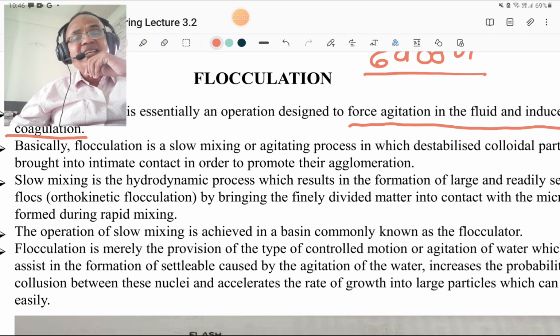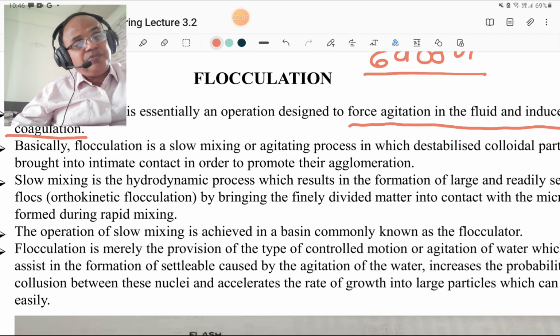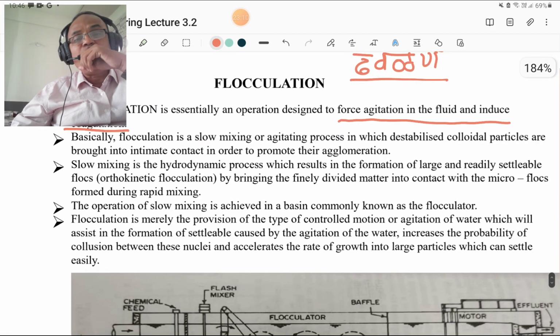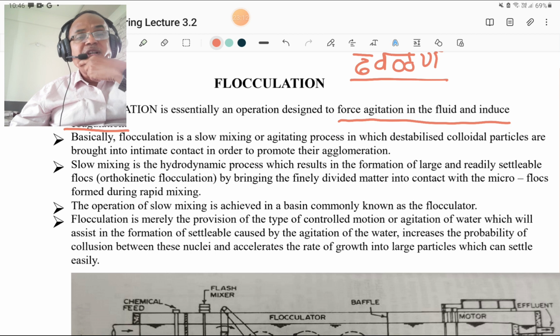Slow mixing is the hydrodynamic process which results in formation of large and readily settleable floc, by bringing the finely divided matter into contact with microflocs formed during the rapid mixing. The operation of slow mixing is achieved in a basin commonly known as a flocculator.